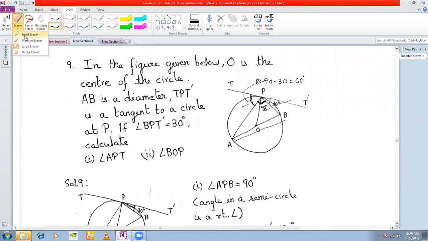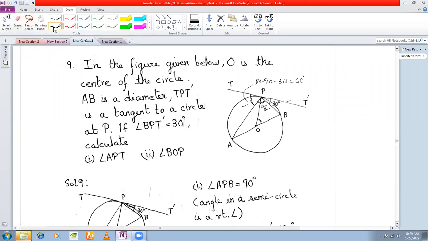Let's see which one is BOP. BOP is this angle here, this one. Okay. And how do you calculate this angle BOP? See this angle here is angle in one segment, right? Why?